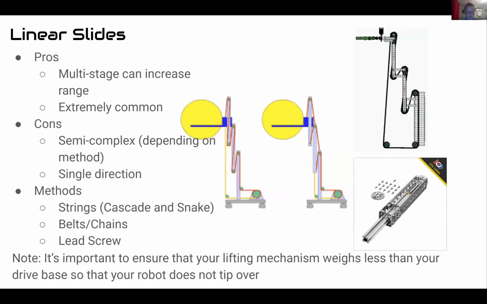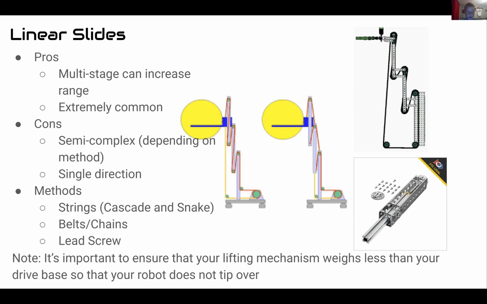Linear slides are another example. Some pros are that they are extremely common, and they are very space friendly. They all collapse into generally the same area.